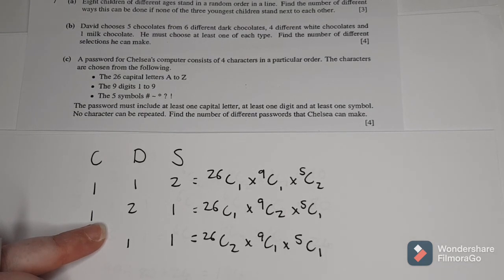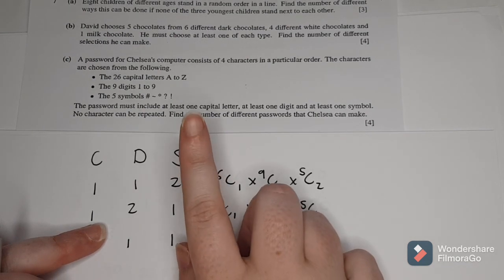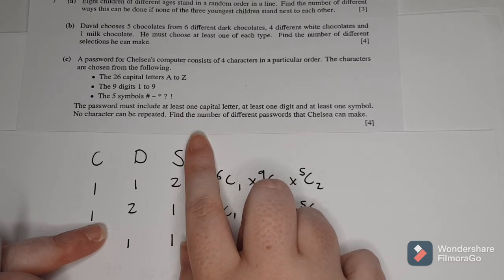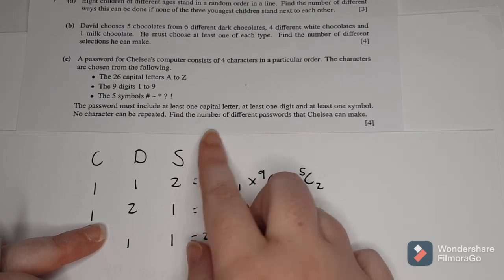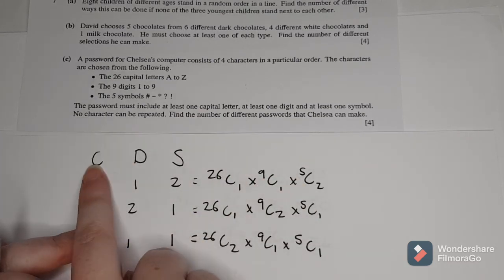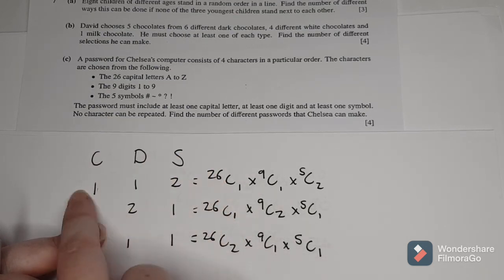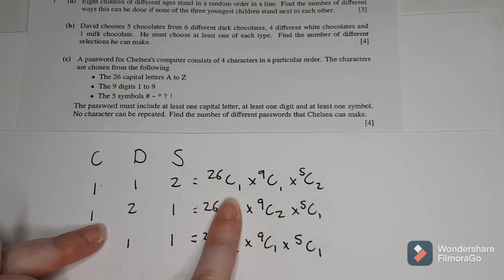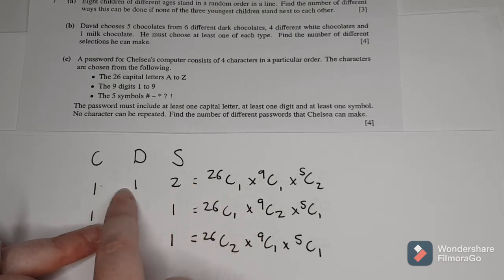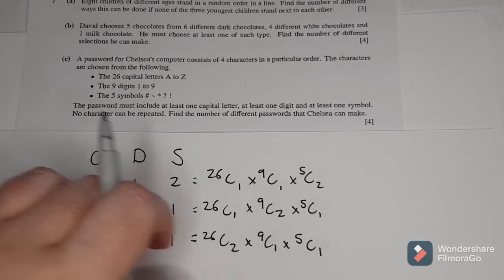But now, because we're dealing with a password, there is an order to those passwords because we didn't say where the capital letter must be, or the digit, or the symbol in those 4 things. So those could be placed in an order of the 4 different things.